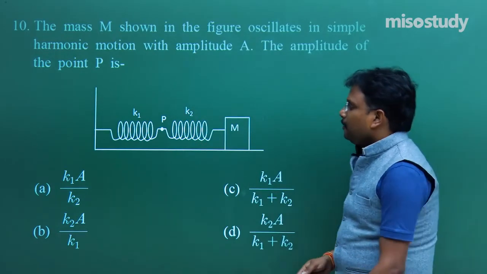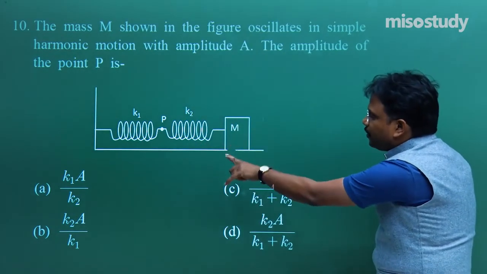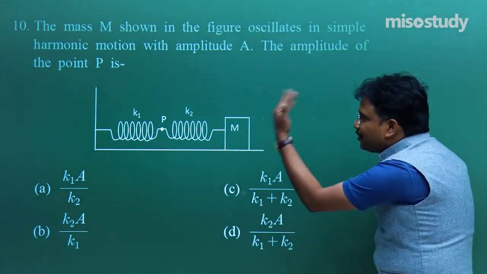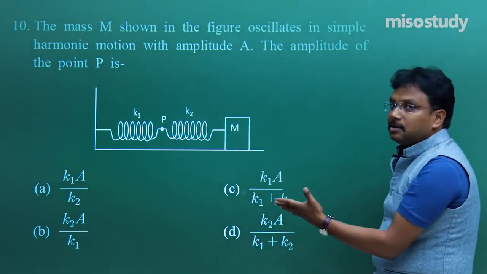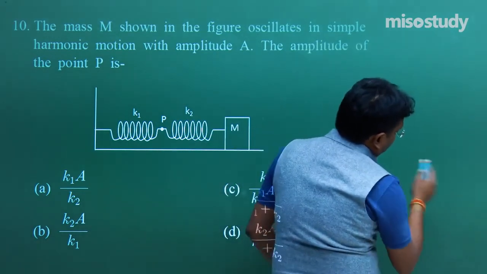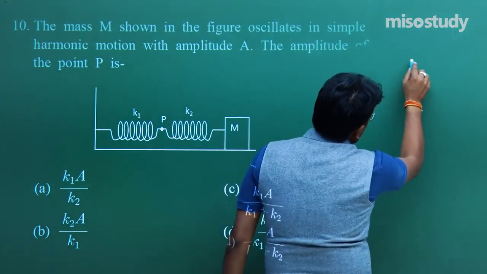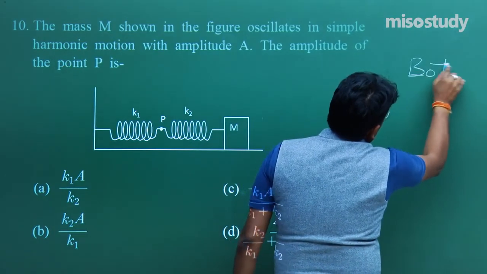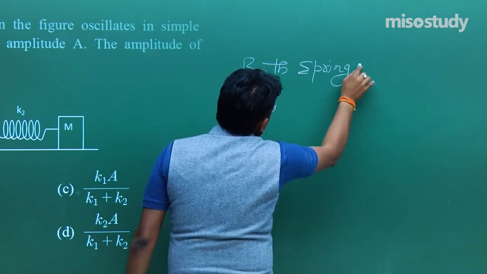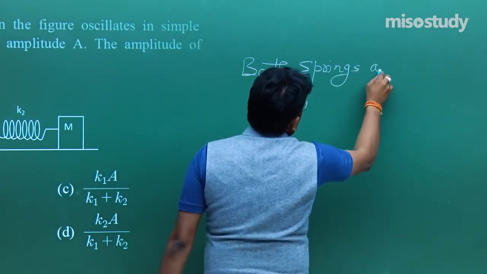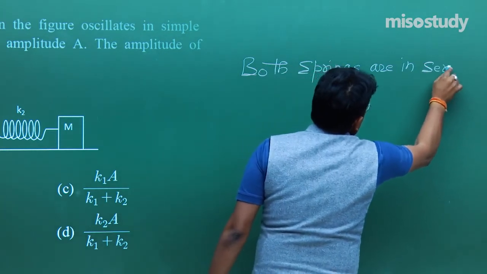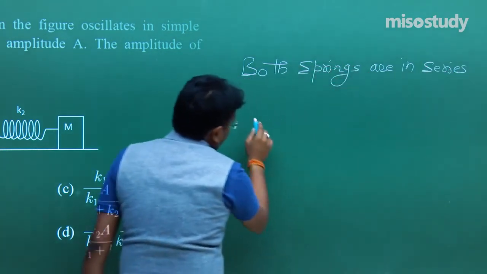So if both these springs are connected in series, we are trying to find out the resultant spring constant. Both springs are in series, fine.